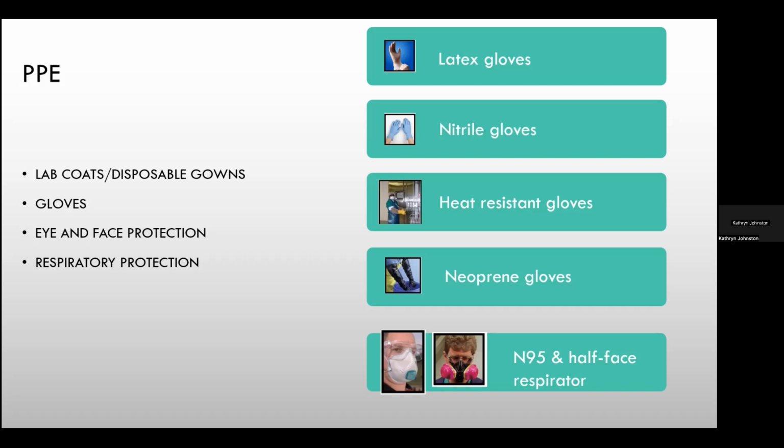Respiratory protection, and you can see here I've shown the two primary types of respirators that we see. We're all familiar, and this is kind of a wonky looking one, but we're all familiar with N95 disposable face masks. And during COVID, some hospitals, although it was less common in the Caribbean, actually reverted to the use of half-face respirators for respiratory protection.